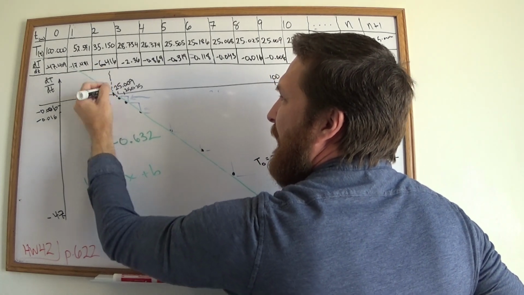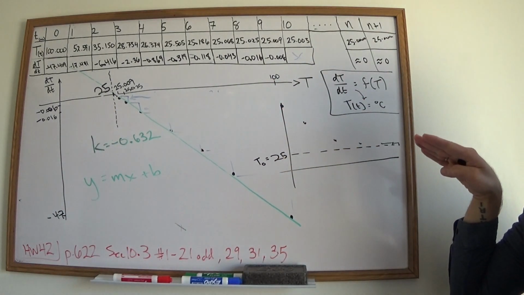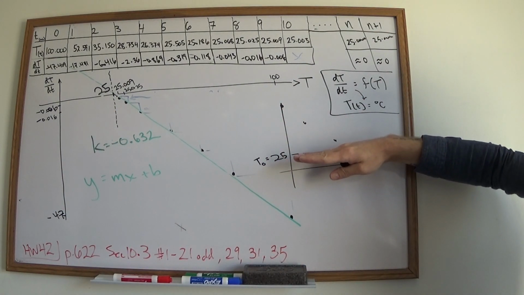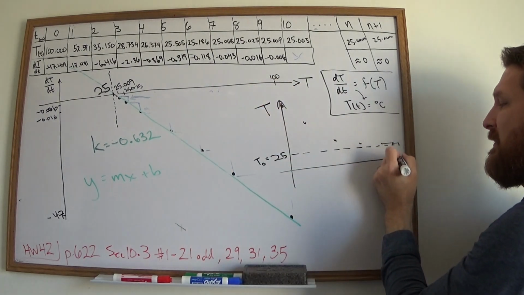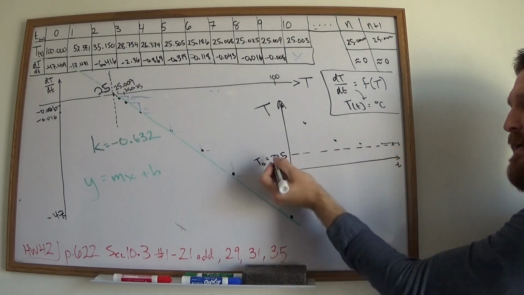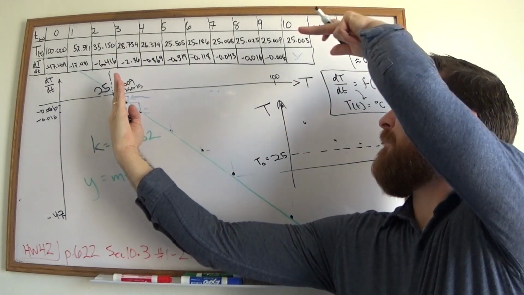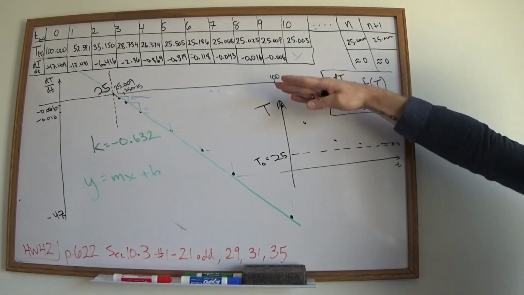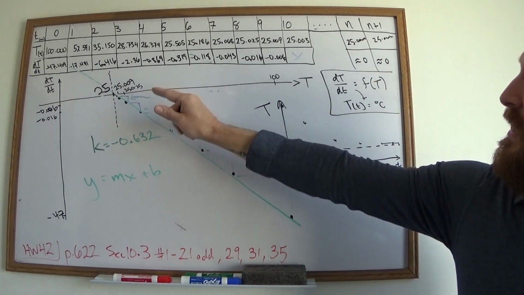In other words, it's kind of like an asymptote right there. When we graphed big T versus time, we had an asymptote. Well, it makes sense that there's an asymptote right here, because it can't go down past 25. And they're going to approach as you go this way.